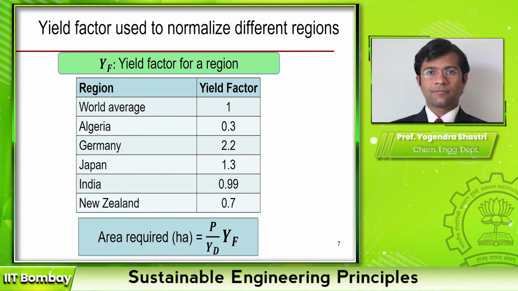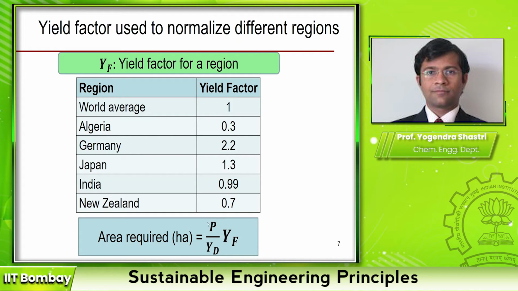Now the area required calculation is modified as follows. This is the previous calculation. P divided by yd is the area required in a region or country.